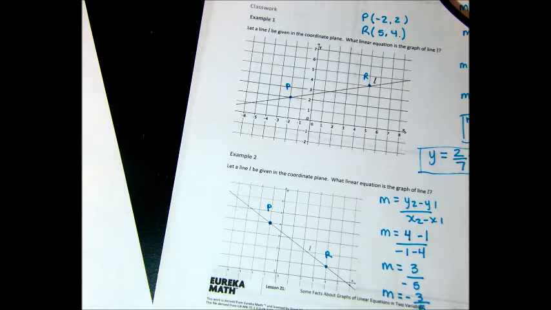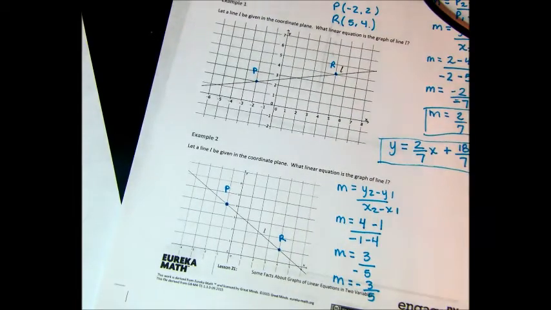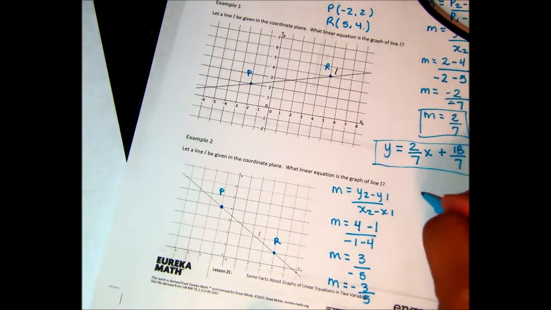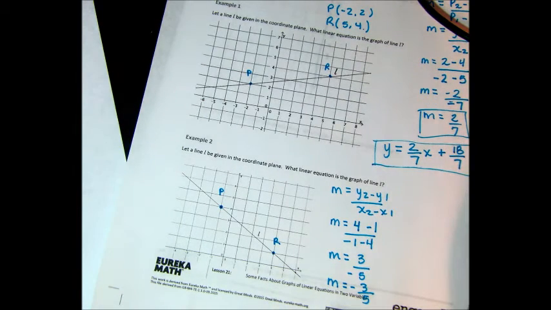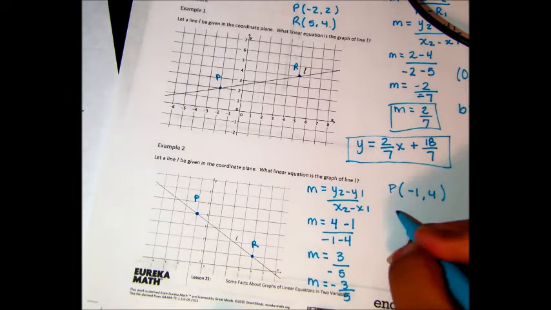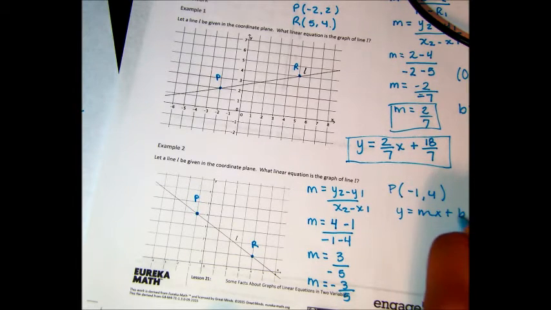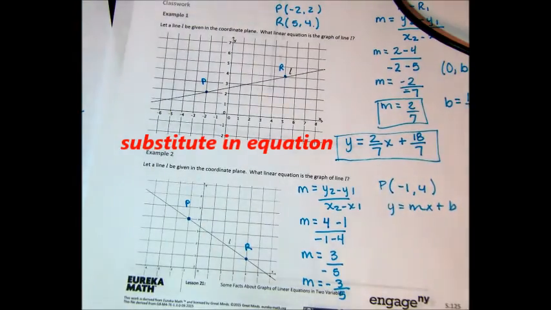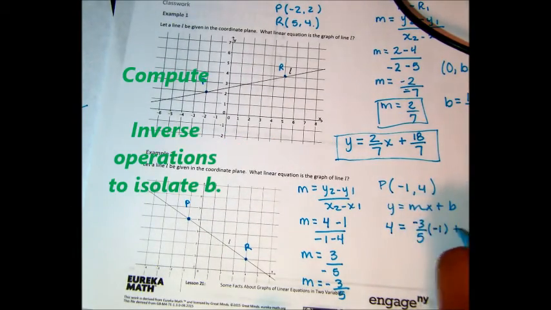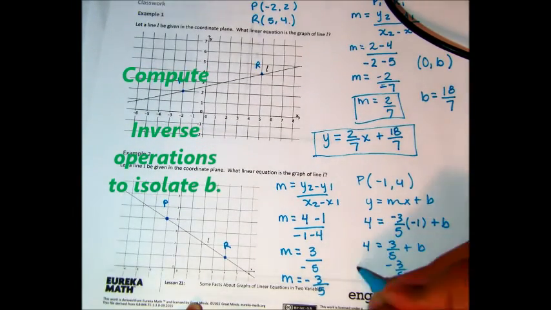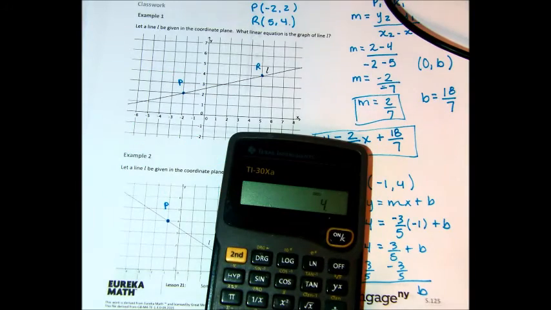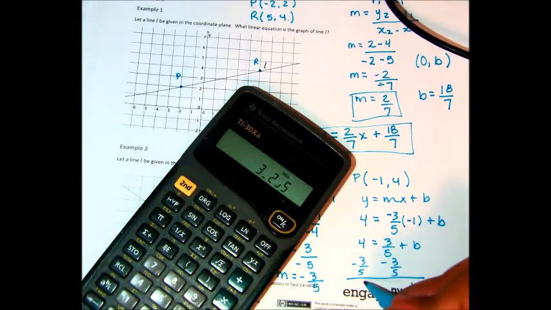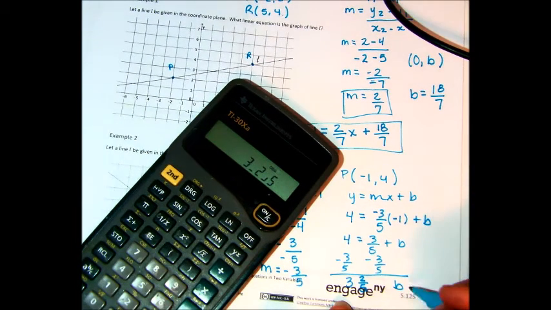Determine the y-intercept of the line. So we should be able to take any ordered pair, take point P, -1 and 4, and I'm going to use it to find my B. So instead of y, I'll be using 4, and instead of x, I'll be using -1. 4 minus 3 over 5, which is 3 and 2/5.